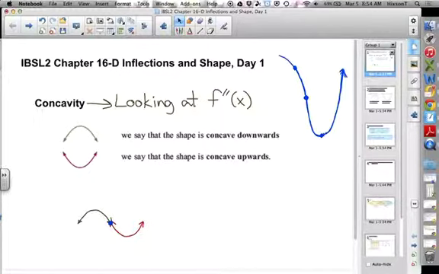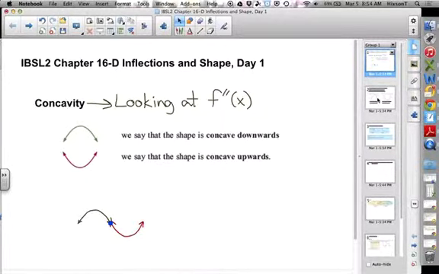So that's the idea here, finding out where that 0 point is, where we stop accelerating downward and start accelerating upward. That was this point right here between the aspects of concavity.